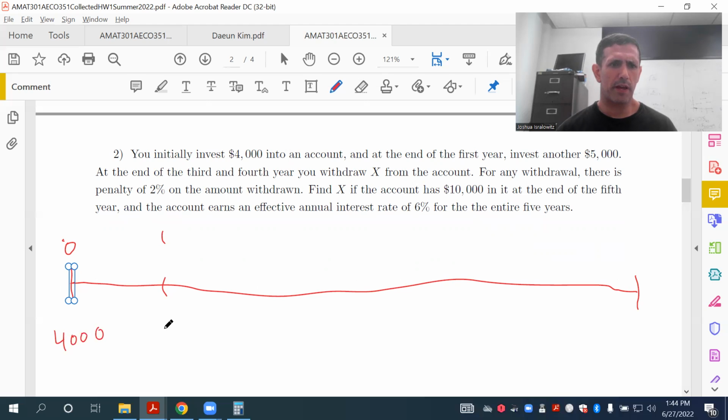Okay, so 4,000 is my initial deposit. I have another deposit of 5,000 at the end of the first year, which is t equals 1. And then at t equals 3 and t equals 4, the end of the third and fourth year, we have withdrawals of x.